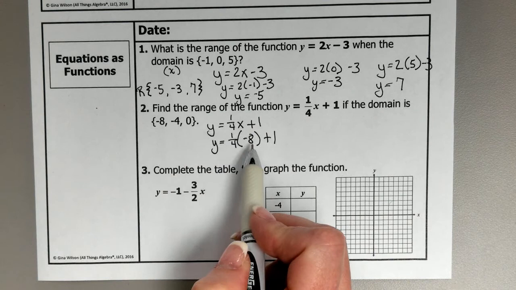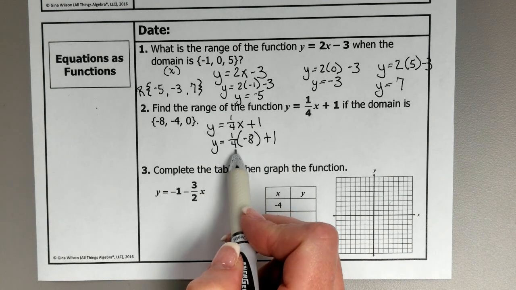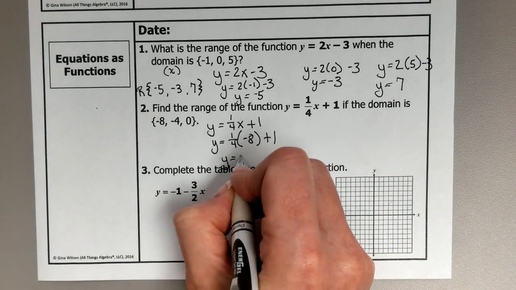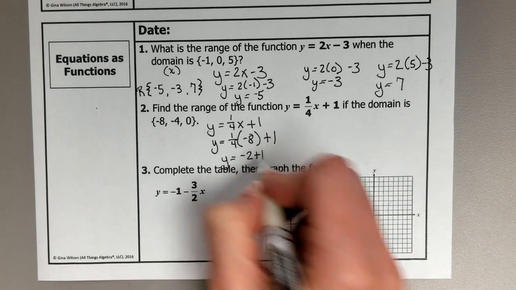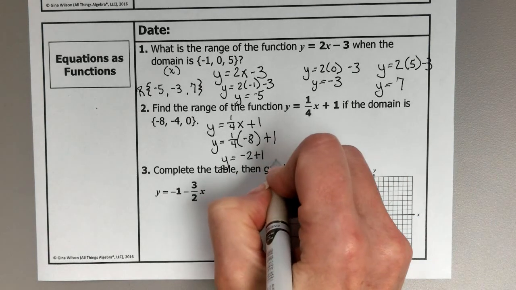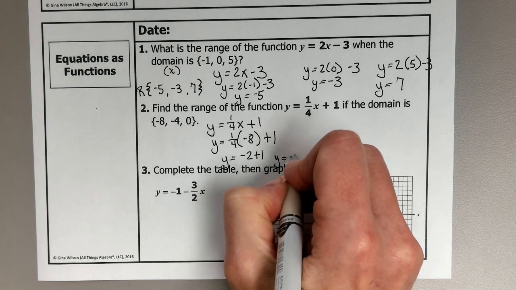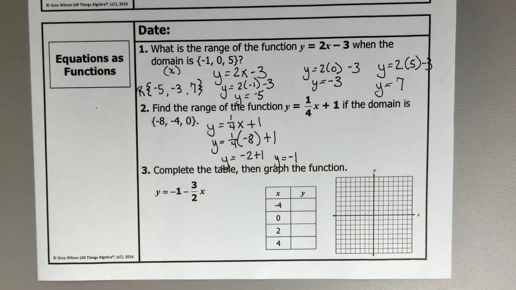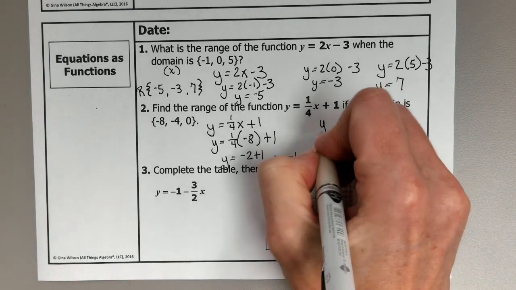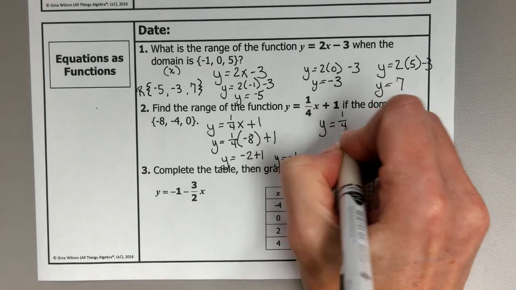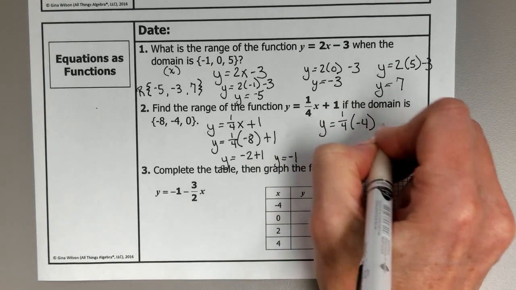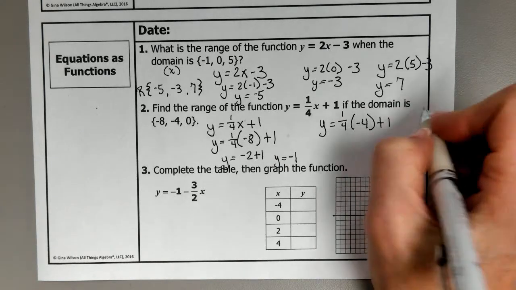So 1/4 times -8. Well, -8 divided by 4 is -2, and -2 plus 1 would give me y equals -1. Okay? So the second one you will set up as 1/4 times -4 plus 1.